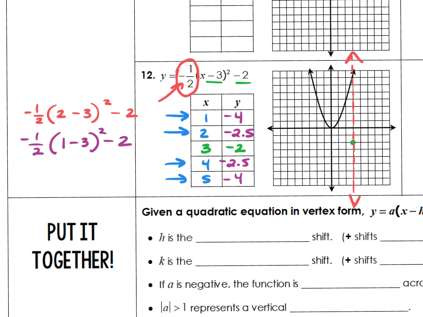Okay, so if you plot this, -2.5, that's here. So you can just reflect that to the other side. And then 1, -4. 1, 2, 3, 4. Okay, so it looks like this.